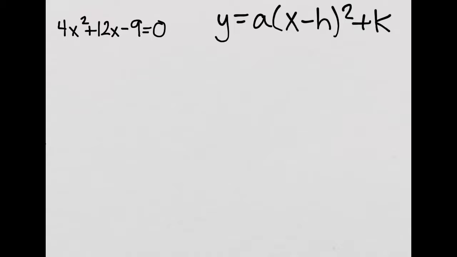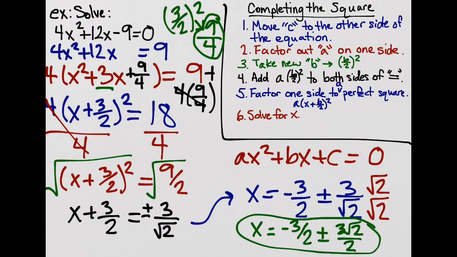So if we take our problem from just the last example, we just do the same methods that we did. So if we look over at our work, right here is where we were at. So 4 times x plus 3/2 squared equals 18.